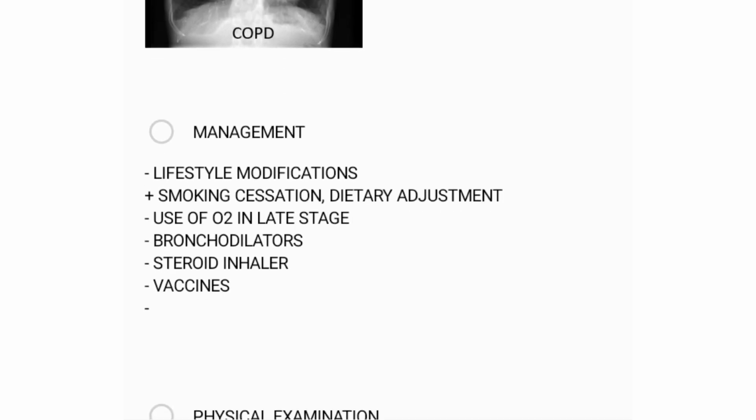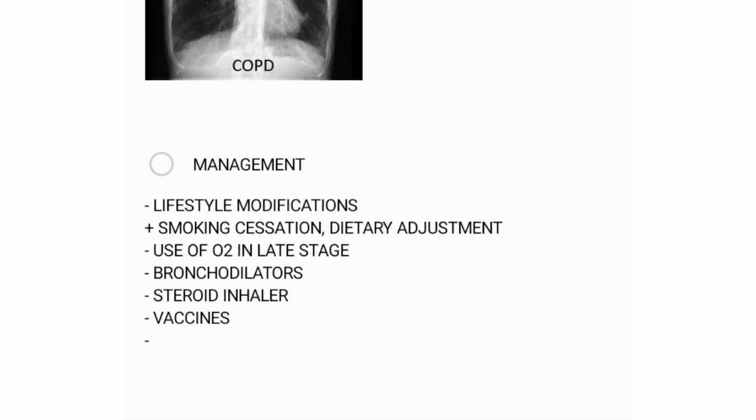Okay, then in terms of management, of course, lifestyle modifications, so smoking cessation and dietary adjustments. Then there will be use of O2 in late stage. We can use bronchodilators, steroid inhalers, and also vaccinations against pneumococcal or influenza.